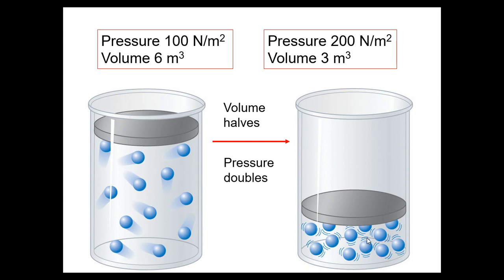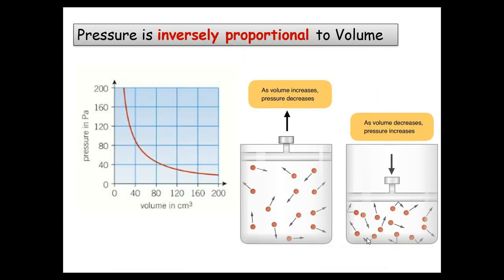Now, this relationship between gas pressure and volume has a special name, and it's a mathematical relationship which comes up a lot in physics. Going the other way, if we increase the volume, the volume doubles and the pressure halves. So if you double one thing, the other thing halves.